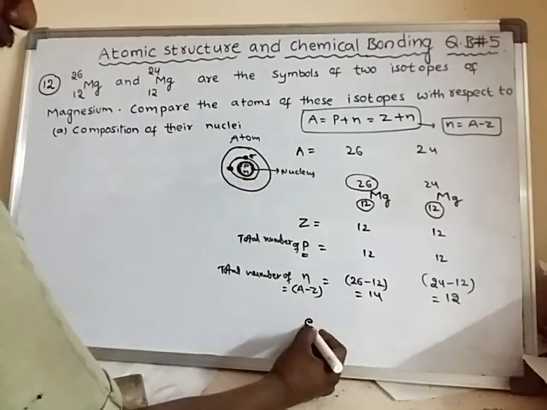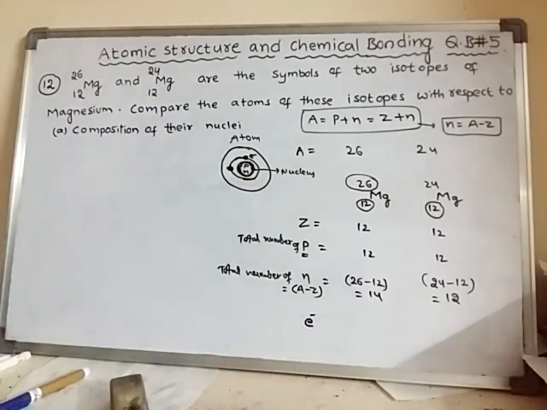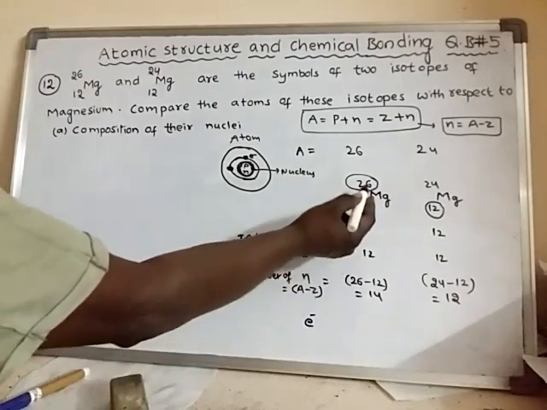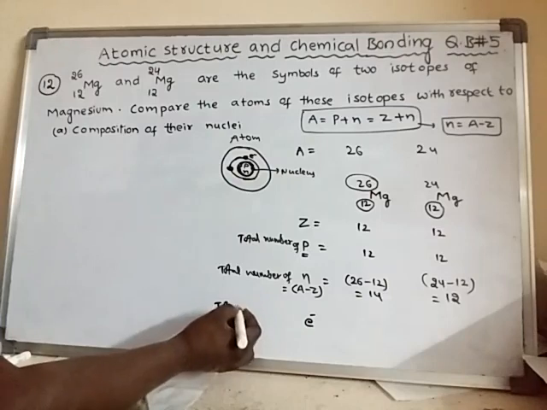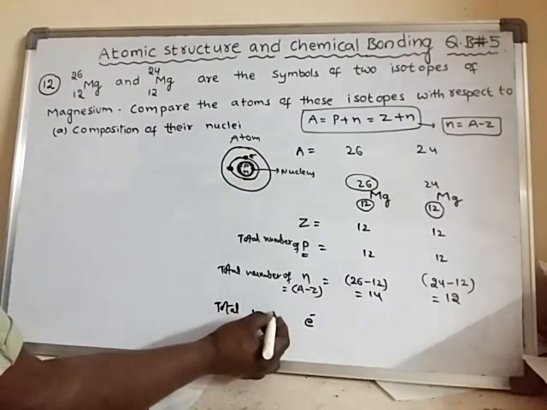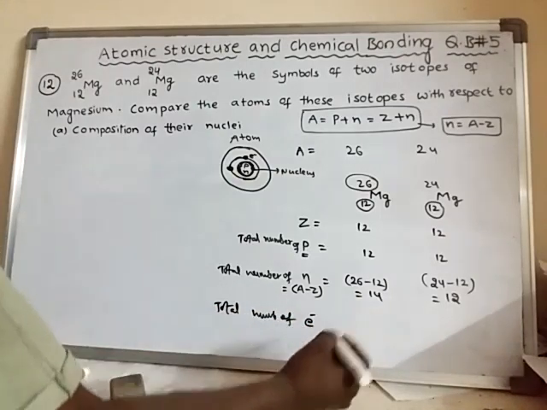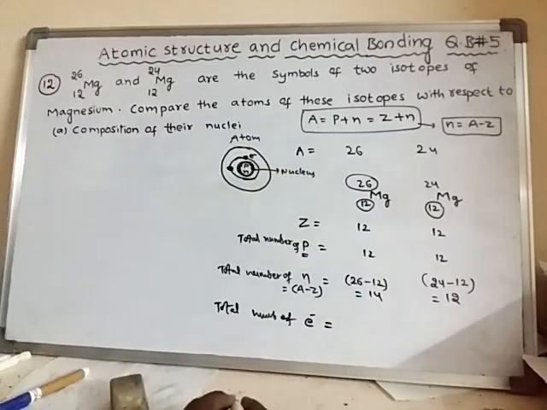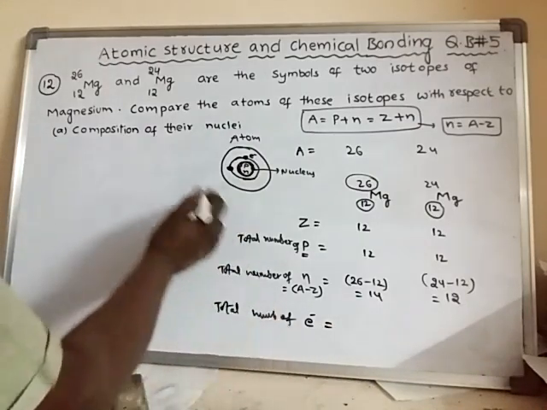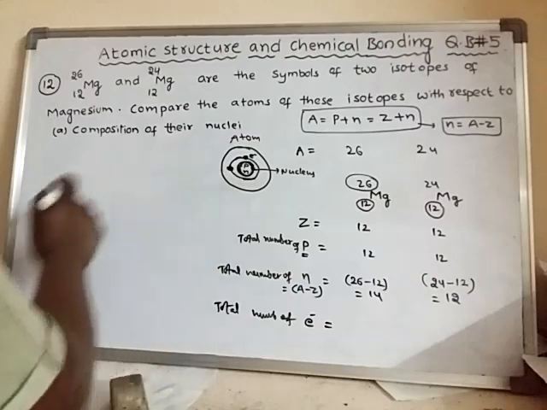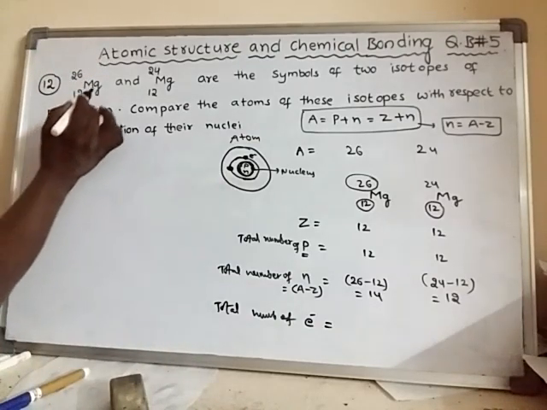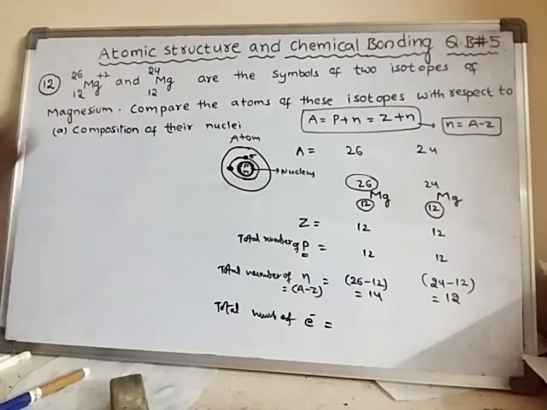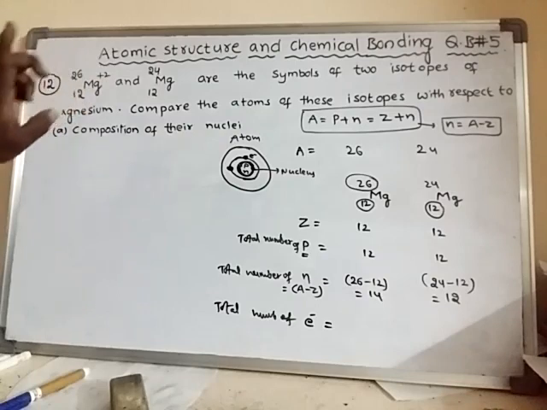So, how many electrons are there in this atom? The total number of electrons is equal to how many? Generally, it is a neutral atom because no charge is given. It is not given as +2. If some charge is given, then it is not a neutral atom.